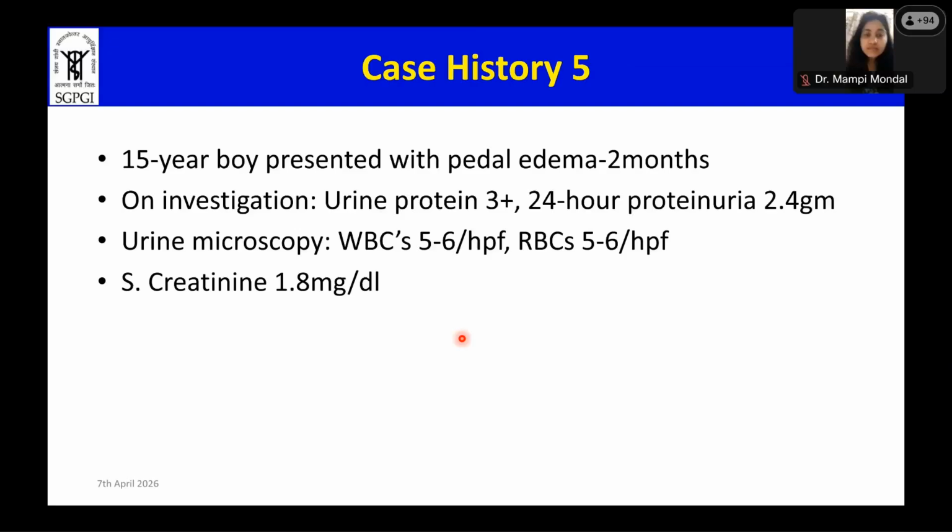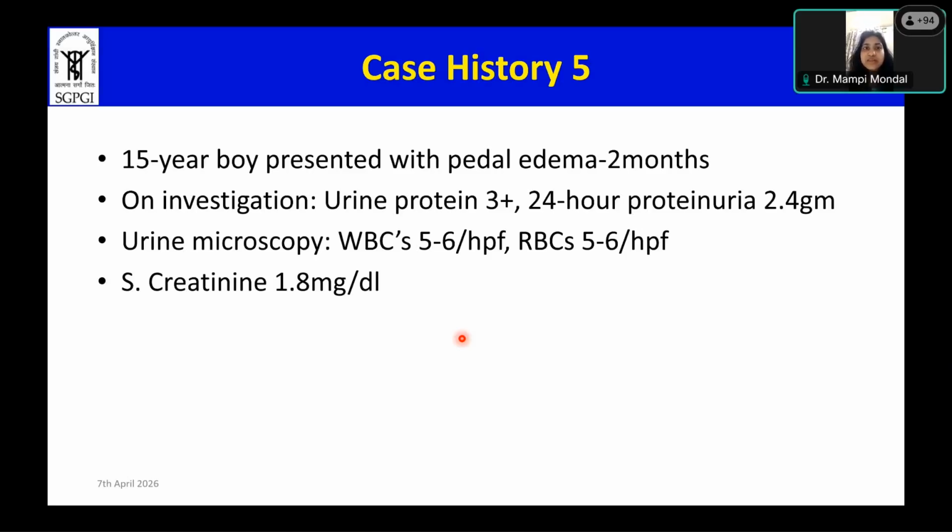Yes, ma'am. A 15-year-old boy presented with pedal edema for 2 months. On investigation, urine protein 3 plus, 24-hour proteinuria 2.4 gram, urine microscopy WBC 5 to 6 per high power field, RBC 5 to 6 per high power field, serum creatinine 1.8.